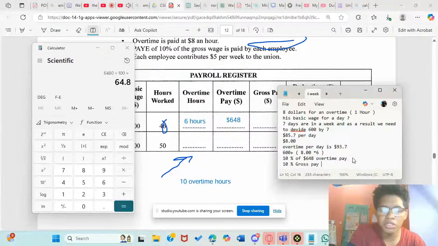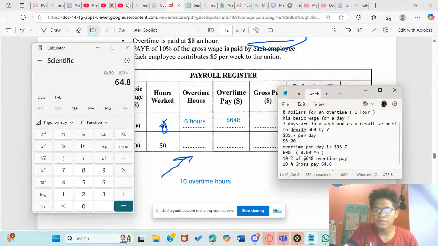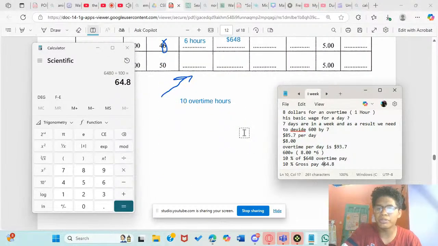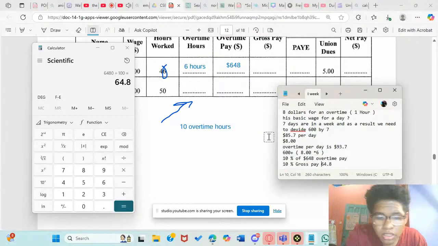Gross pay equals 64.8. So we have that down. So his 10% of gross pay would be equal to 64.8.